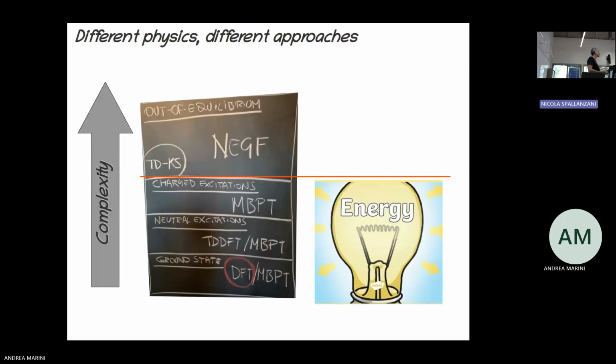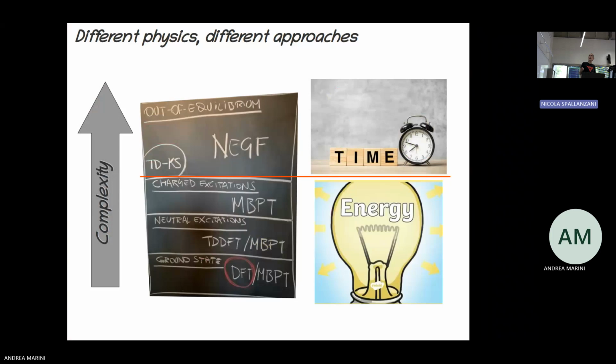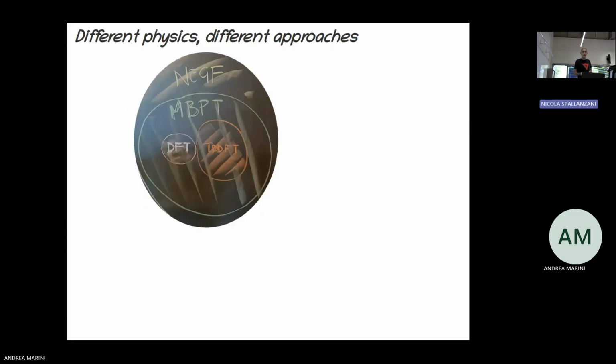If you're interested in real-time phenomena, you cannot use GW; you use different methods, different tools. Today we will discuss briefly many-body theory, and I'll show you how time is meaningless. If you want to recover time, you have to go up the tower of complexity. What to use depends on what you're interested in.